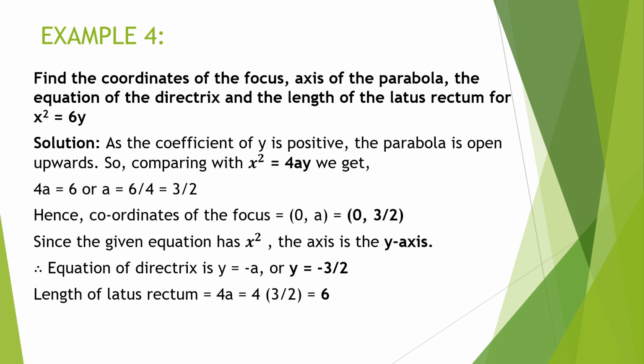The coordinates of the focus will be 0, a, that means 0, 3 by 2. The equation is of the form x square is equal to 4ay, so the axis is the y-axis. The equation of the directrix is y is equal to minus a, which is y is equal to minus 3 by 2. And the length of the latus rectum is 4a, which is equal to 6.